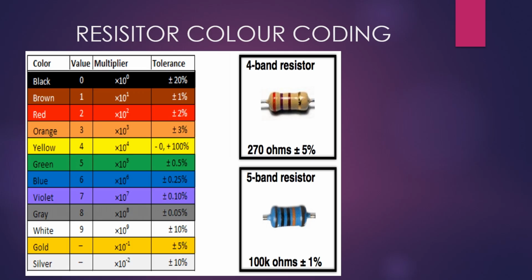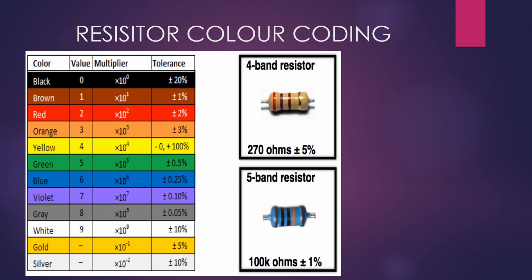We have different types of resistors. We have a 4-band resistor, we have a 5-band resistor, but we are using the 4-band resistor, meaning that we'll use the one with a tolerance of plus minus 5%. In some other cases, the tolerance is plus minus 10%.